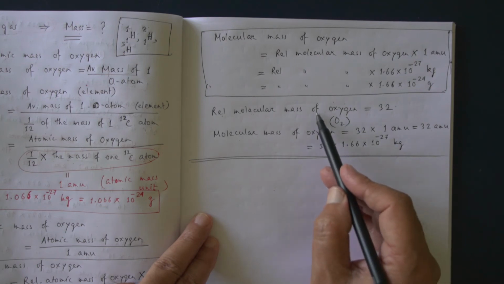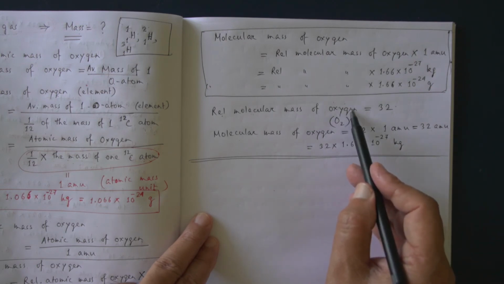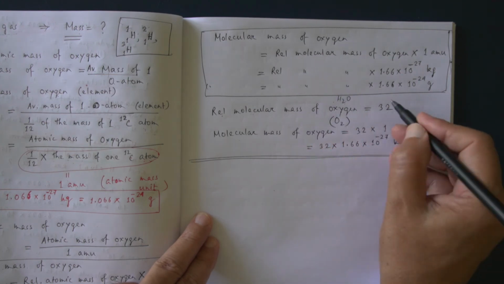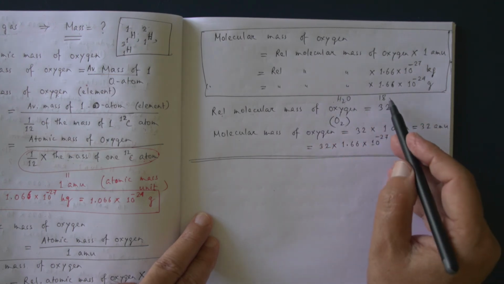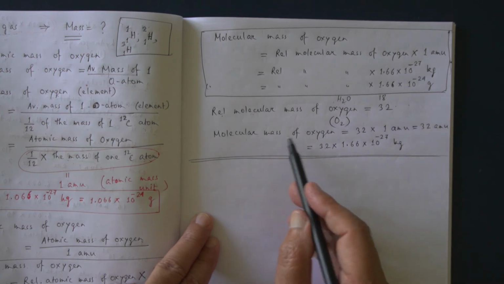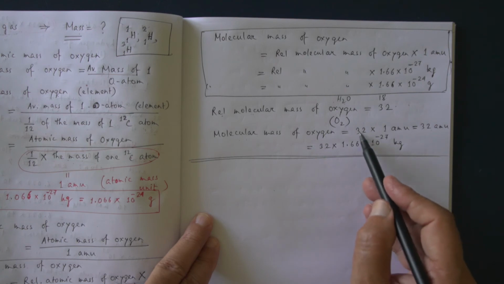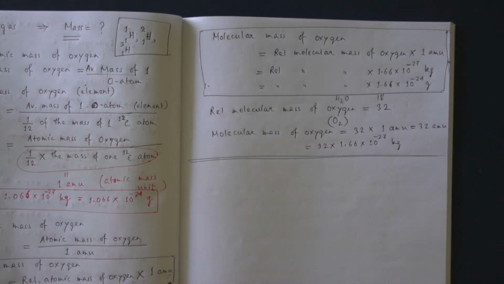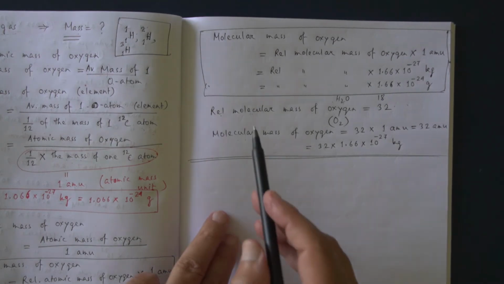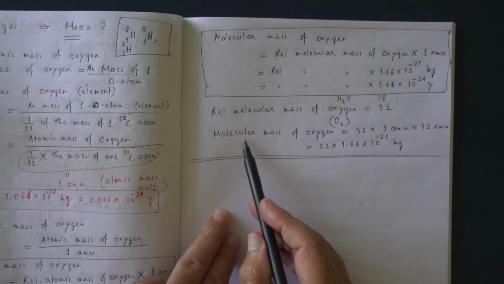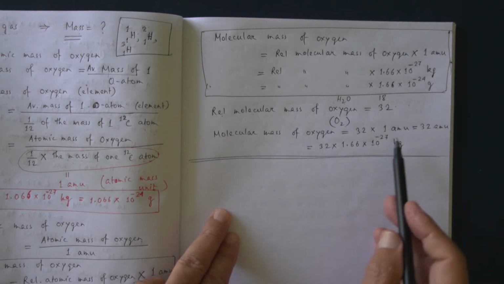If we take water, relative molecular mass will be 18, no unit, but molecular mass of water will be 18 AMU or 18 into this much kilo. So again I say, relative has no unit, but molecular mass or atomic mass has unit.